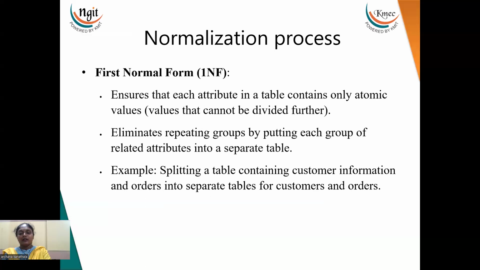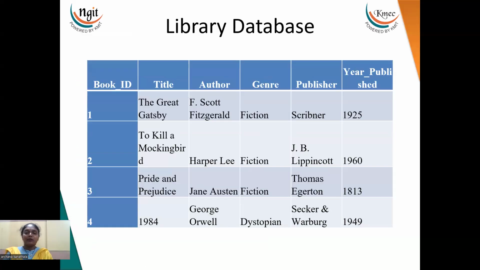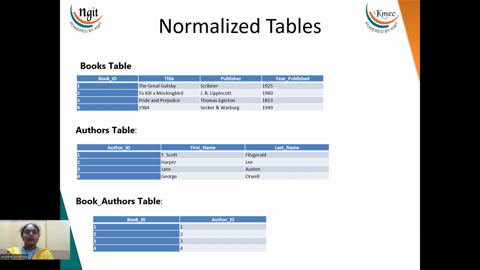Now look at the example that we have taken, the library database. Here only the author can be taken with the composite attributes. So now, after converting this into first normal form and second normal form, look at here.